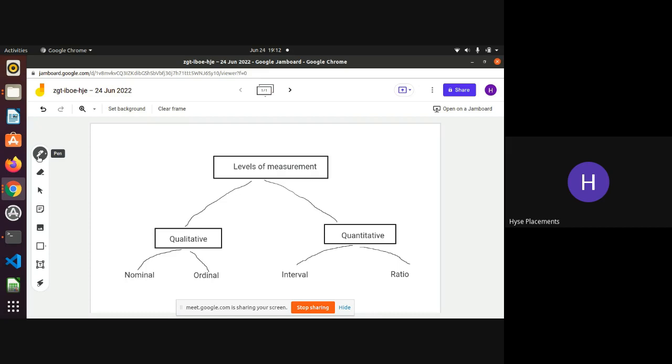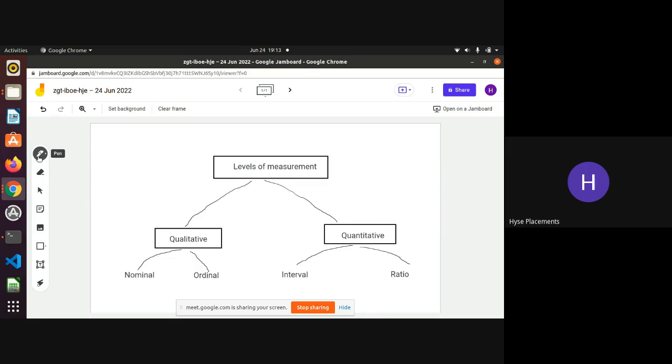The nominal example is the seasons; if you change the geographical location, the seasons vary, so they are not in the same order. For ordinal, take the example of a rating, like rating a meal, a shirt, or a phone. Everything starts from 1, the highest point is the best, and the least is 1.